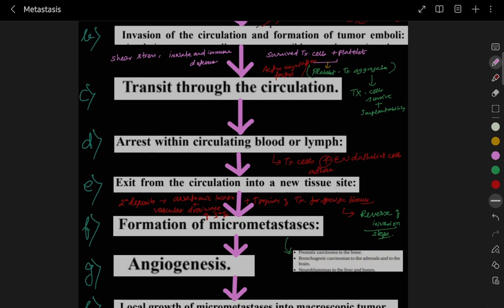And here also there are three conditions that will decide the site of the secondary deposit. That is the anatomic location; the vascular drainage of the primary tumor, like we discussed earlier with hematogenous spread, how the portal vein carries blood from the intestine, so if there is an intestinal primary tumor, that can lead to a secondary tumor in the liver, that all depends, understood; and the tropism, where certain tumor cells are tropic to certain parts or organs of our body, so that also matters a lot, they love that region more.